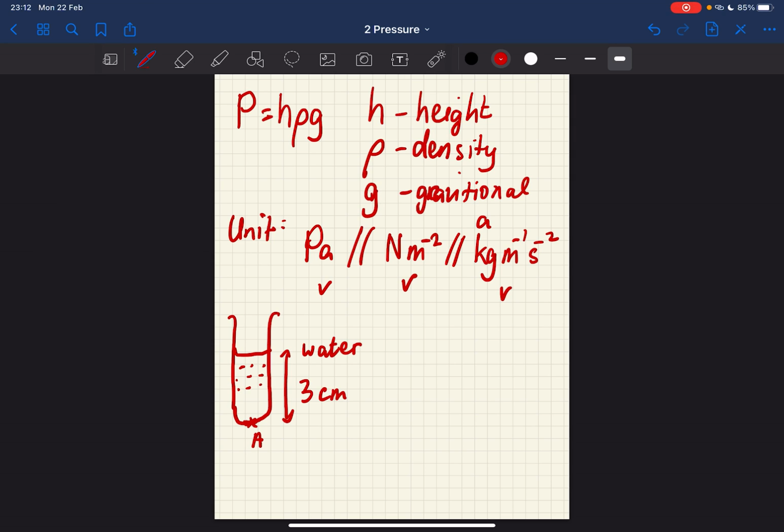So if the question asks you to find the pressure of water at point A, we return to the formula P equals H rho G. We get H is 3 cm, but don't forget to convert to meter, divide by 100, and then rho, the density of water. Let's say the density of water here is 1000.